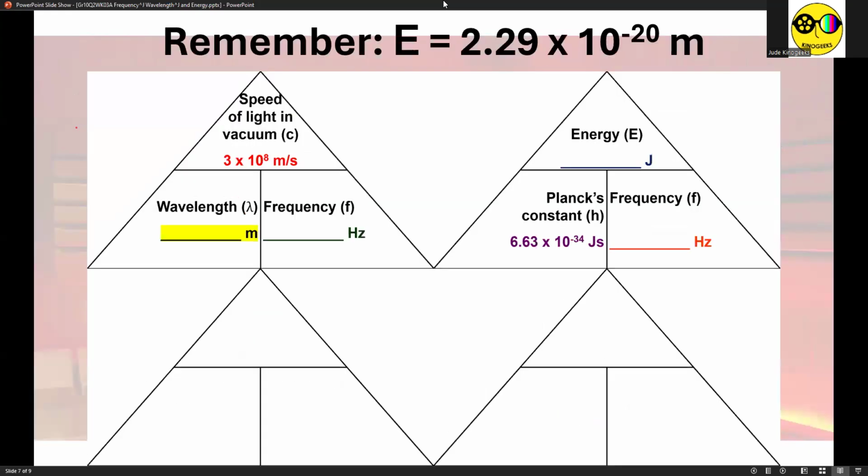So, remember, our given value is 2.29 times 10 raised to negative 20 joule. That is joule.